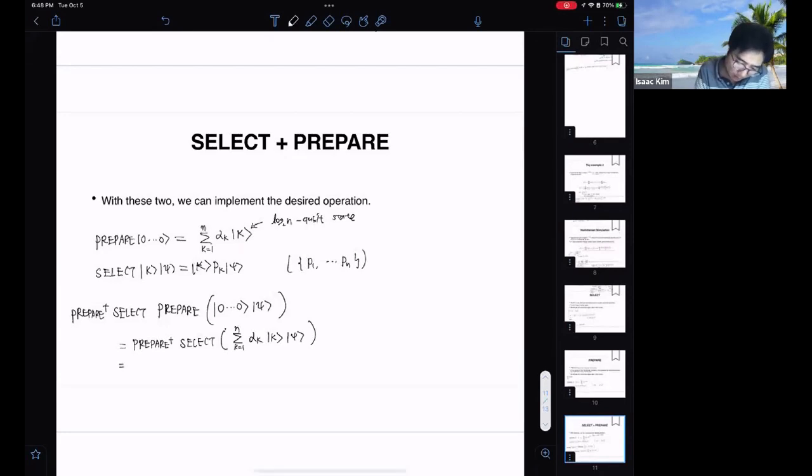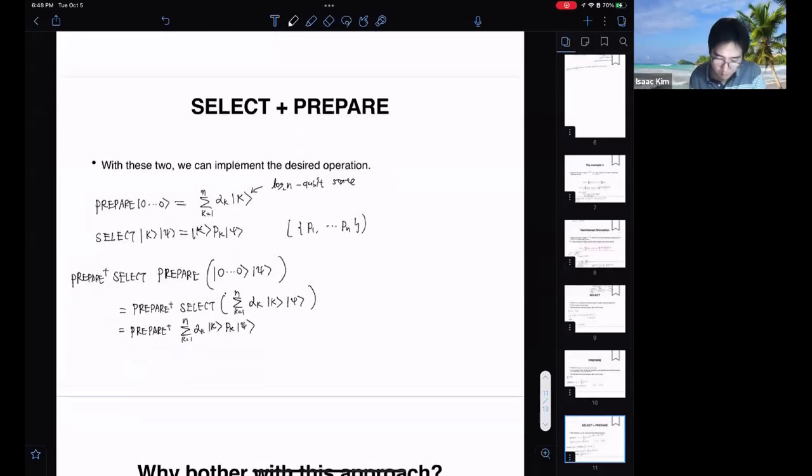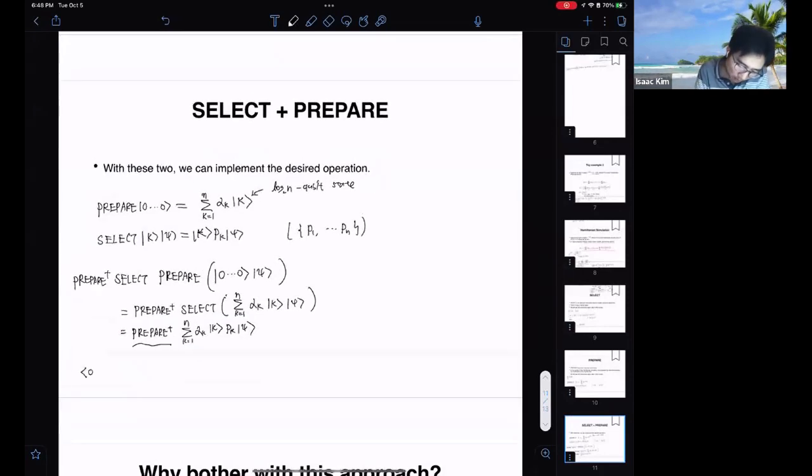So we first get this state, and now we get that. Okay, and now it's not entirely clear what the action of this prepare dagger would be. But what we're going to do now is apply this all zero state bra on the left-hand side and see what happens.